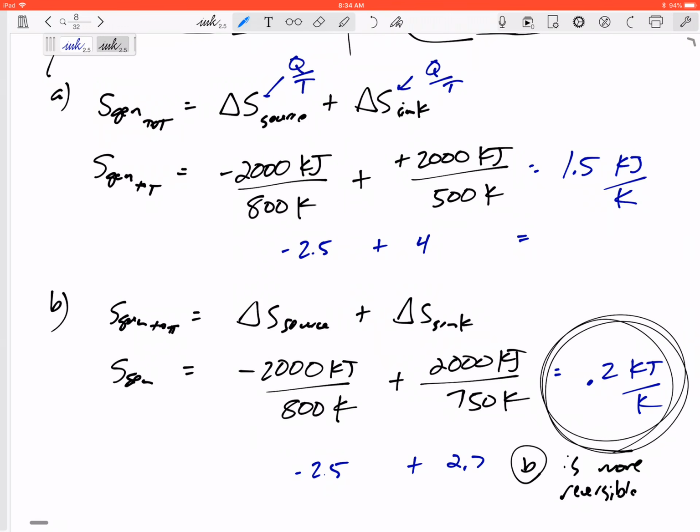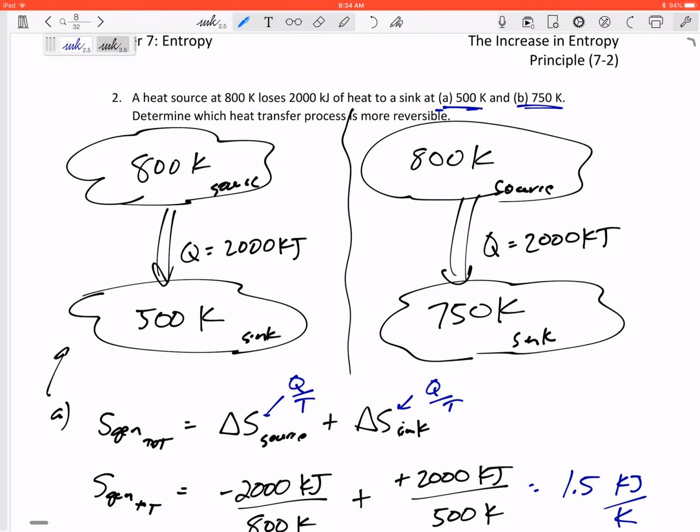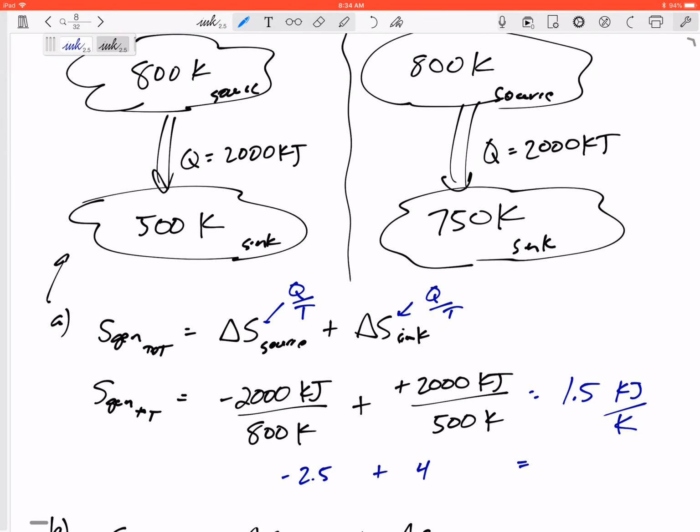All right, and so we calculated that quantitatively by comparing the S gens. S gen is a measure of irreversibilities. So part A was larger; it had more irreversibilities than part B. Now we probably already knew this because we knew that an isothermal heat transfer is reversible.